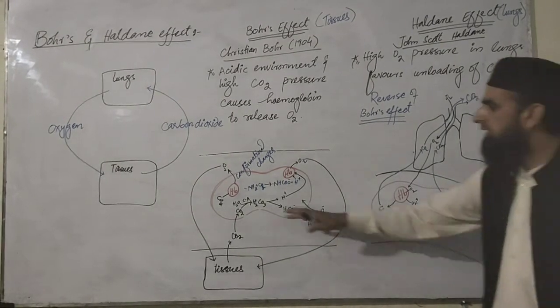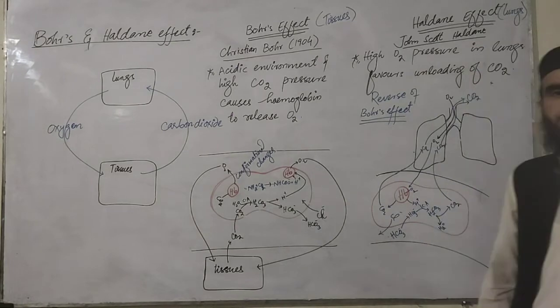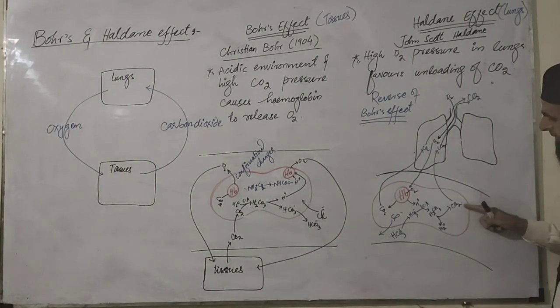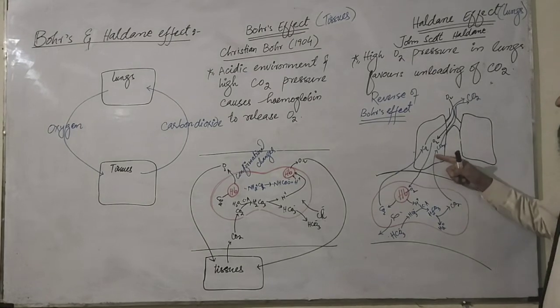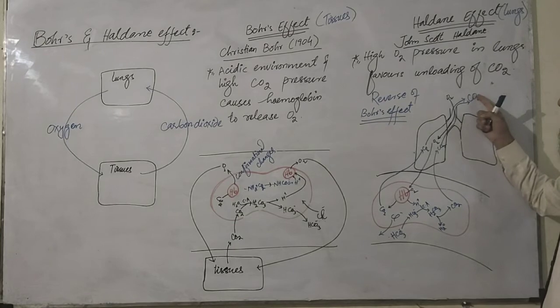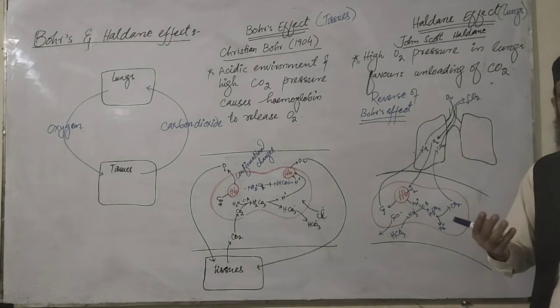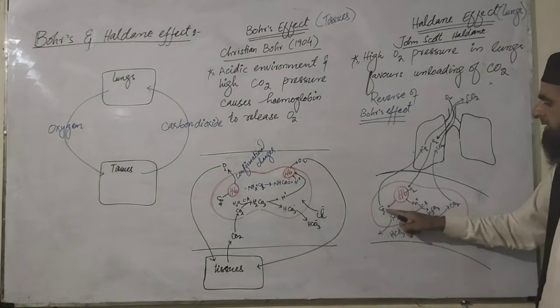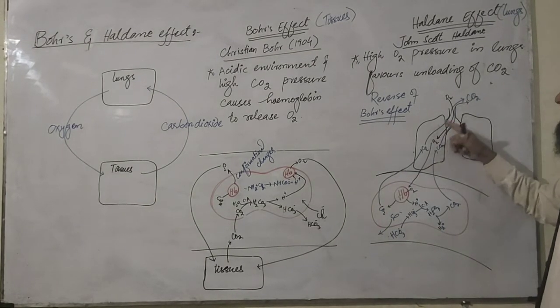This means the reversal of this reaction takes place here. Whenever this carbon dioxide is produced, it comes into the lungs and is released by the process of exhalation. So this carbon dioxide and the carbon dioxide released by the hemoglobin is brought into the lungs and is released.